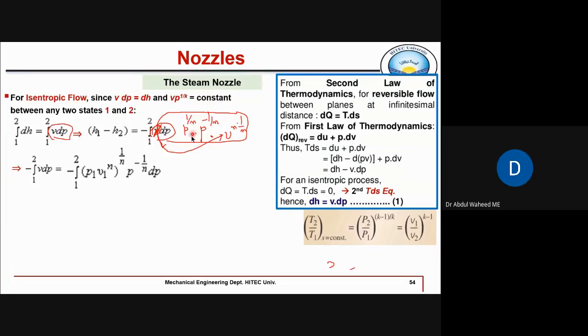Now what was done here: this P to the power 1 over n and V. For an isentropic process, PV to the power n, or k, or gamma, is equal to a constant, as I told you just now. So here P and V are separated.